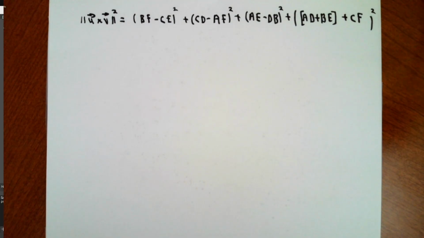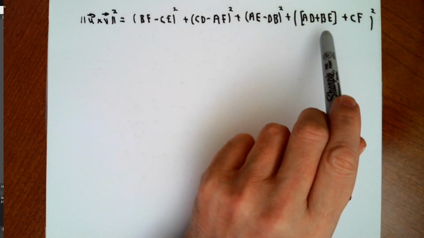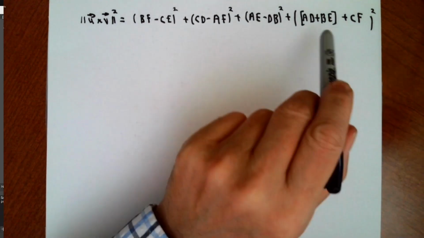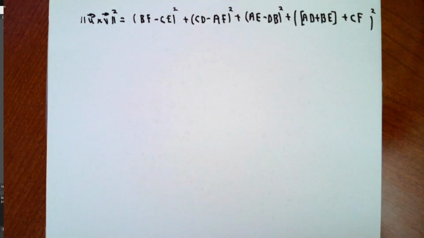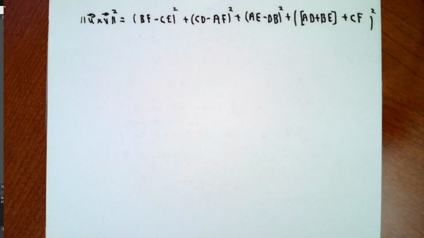For the third term, I'll group the first two chunks together and then use the usual square of a sum formula, but I'll have to do it again to deal with the square of this piece.